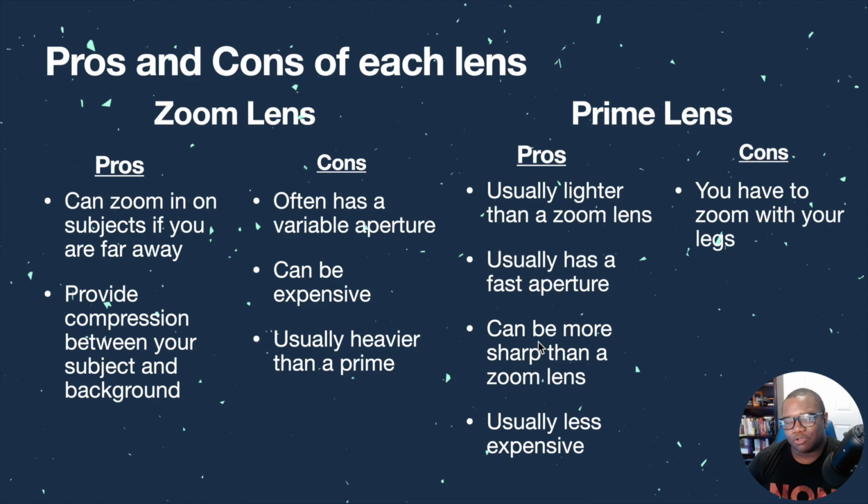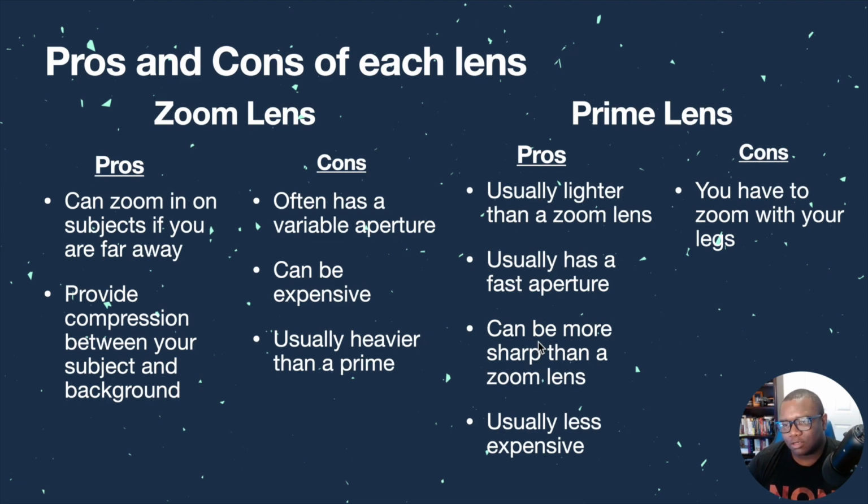Moral of the story, they're usually less expensive to get a prime lens, with the exception of some of that pro grade glass where it's like f1.2 and 1.4. Then you're going to be in the thousands, but that's because you're paying for a premium lens, which could be worth it for you.